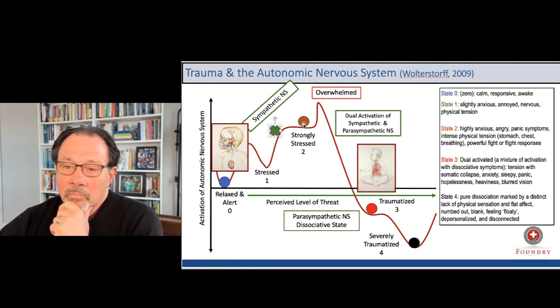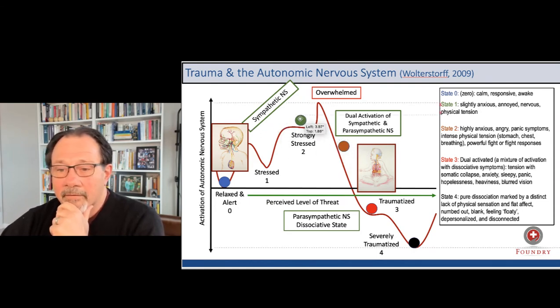And they tend to move fairly quickly from here to here, meaning they go into fight-flight very quickly.